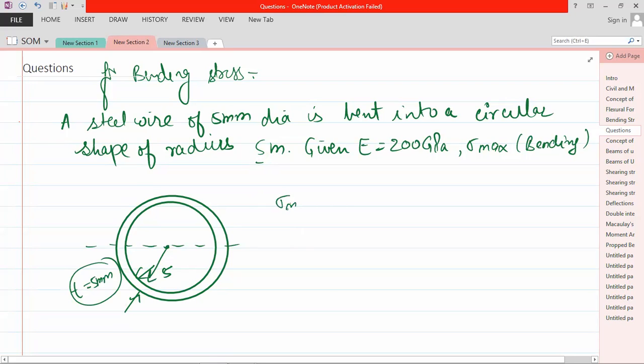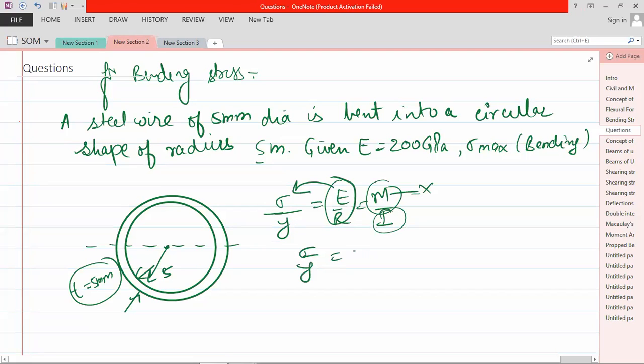So, write the flexure formula: sigma upon y is equal to E by R is equal to M by I. Now, you don't know M, you can know I, but you don't know M.